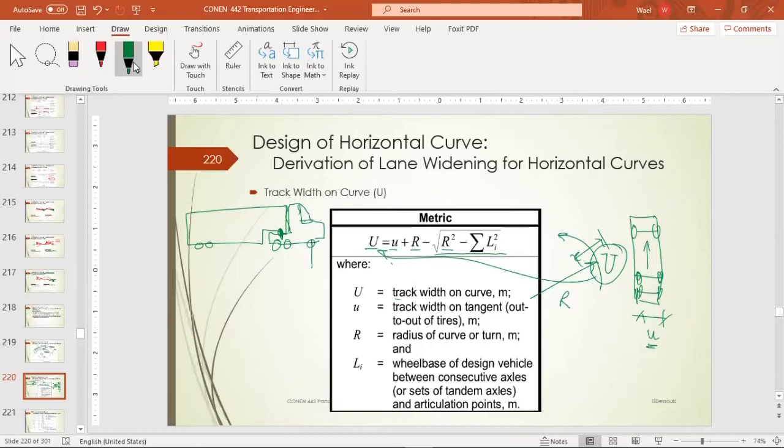So that's L1. And from this pivot to these two axles, that's L2.